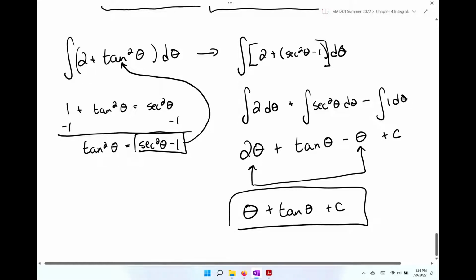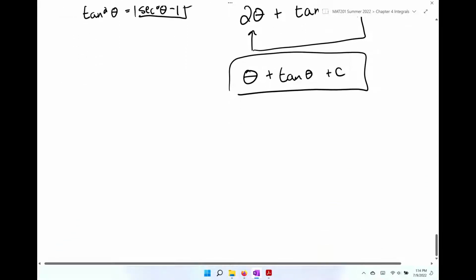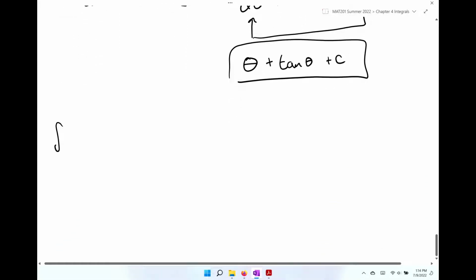All right. So like I said, if we run into issues, this is where it's going to be. We got to be careful with this. Let's try another one here. We're going to integrate secant t times a quantity, secant t plus tangent t dt.